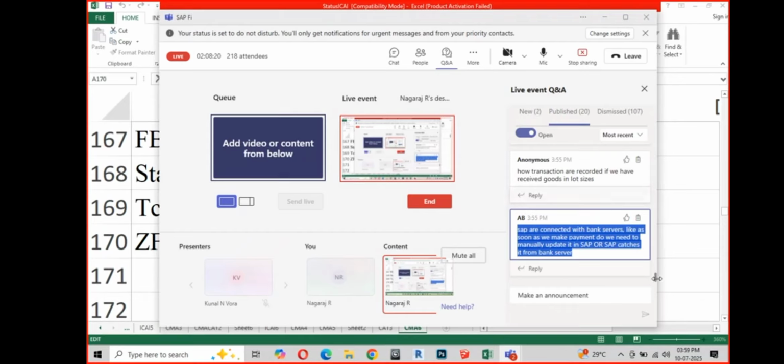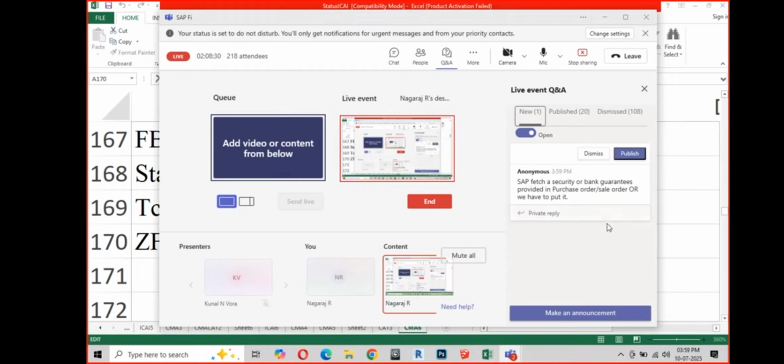We have new questions. This is a different concept. The bank security or the bank guarantees. How SAP deals with it is a different discussion. It is not in the normal transactions. It is referred to as a special general ledger transaction.